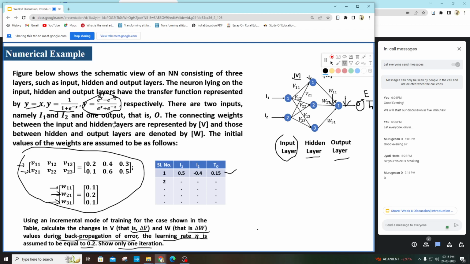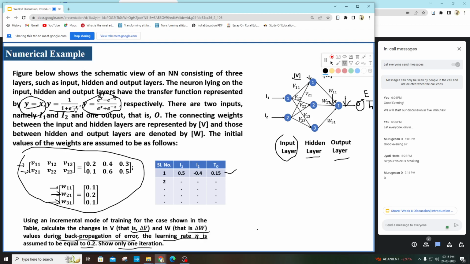No specific reason, sir. Only thing you have to take care is that in the input layer you always use a simple transformation function, like a linear transformation function, or, as I told you in the previous class, a hard limit transformation function.